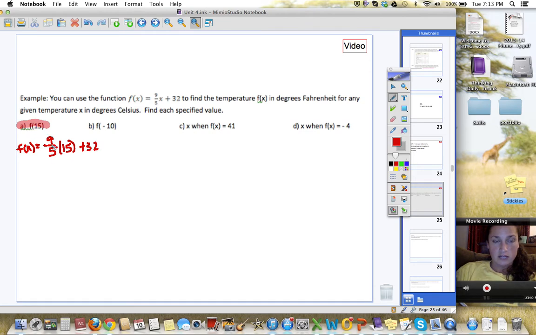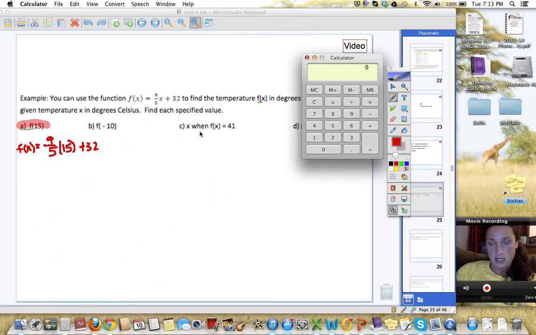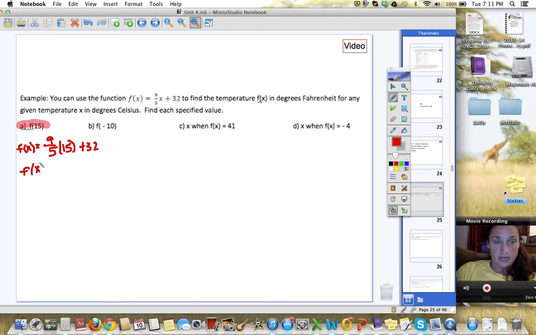So now I have to do 9/5 times 15. I'm not going to lie, I don't feel like doing that in my head. So calculator: 9 times 15 divided by 5 is 27. So now I have f of x equals 27 plus 32. Then I just add these two and I get 59.